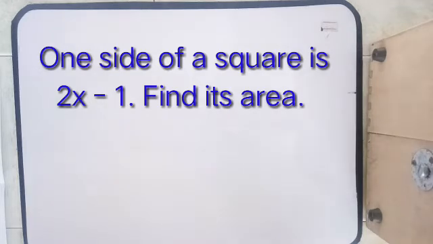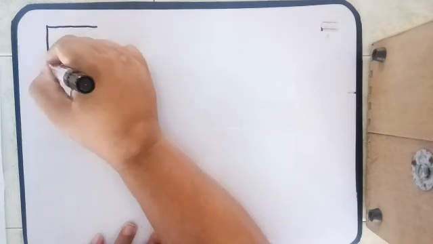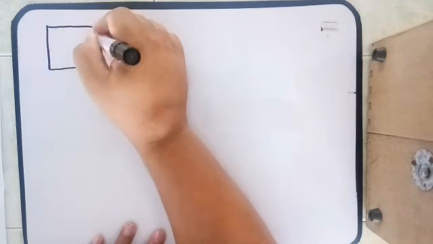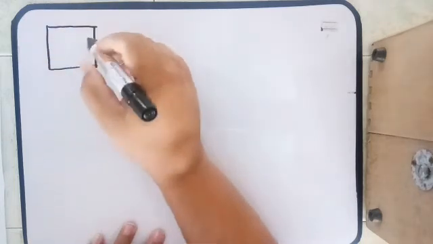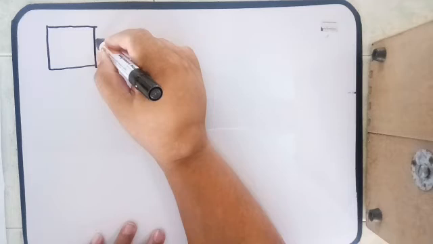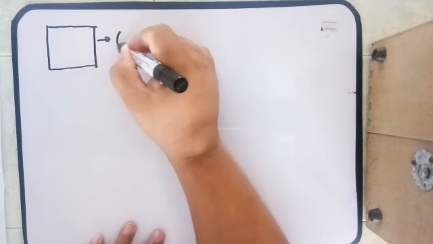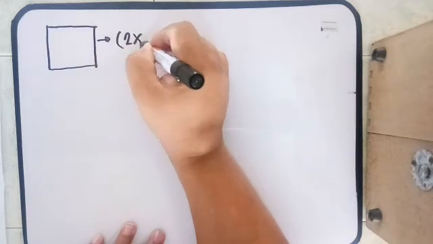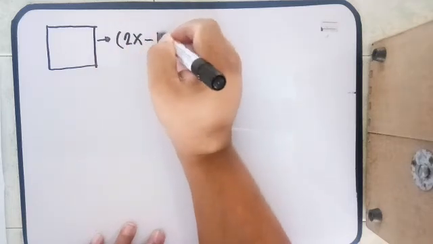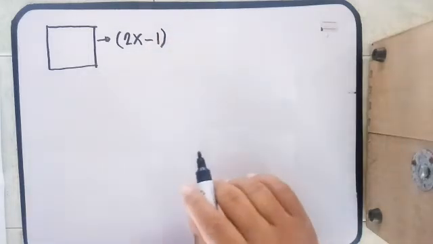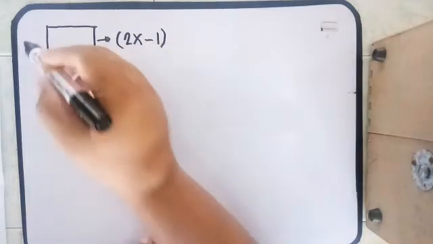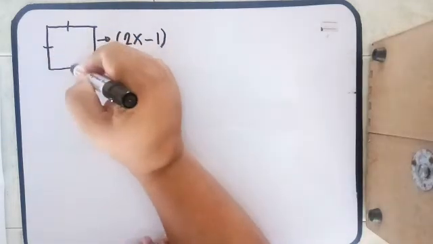So it states there that one side of a square is 2x minus 1. First and foremost, we're going to draw our square. Let's say this is our square, and according to the given, one side is 2x minus 1. We all know that a square has 4 equal sides.